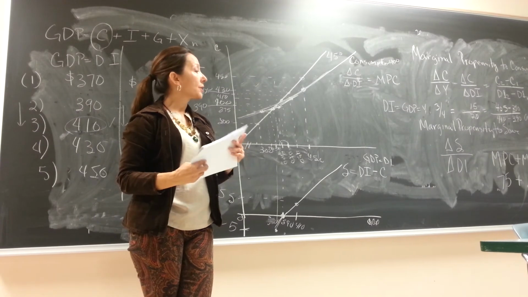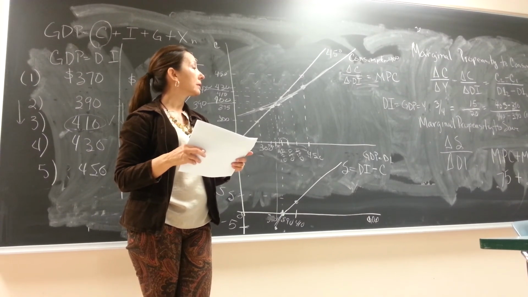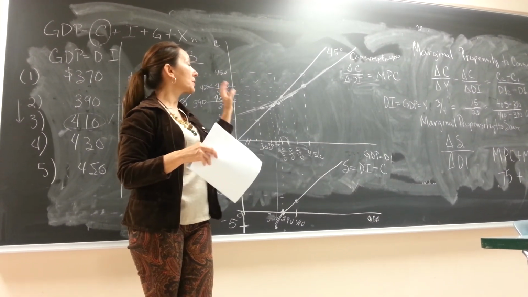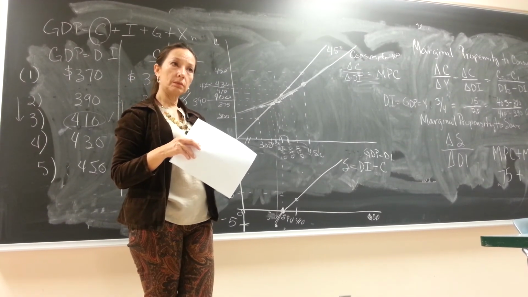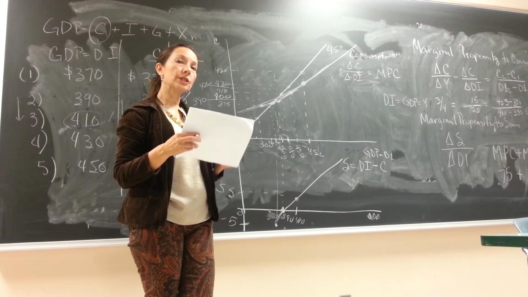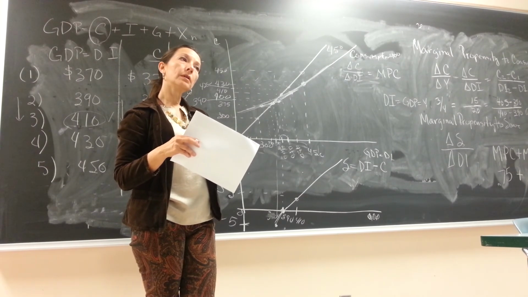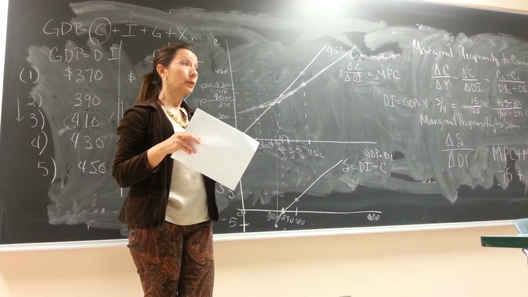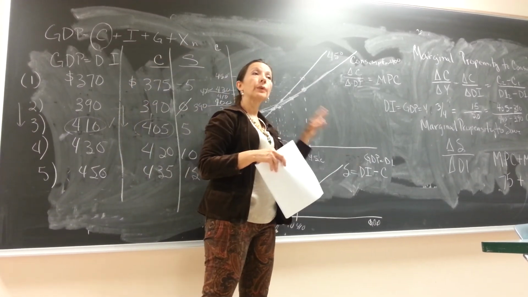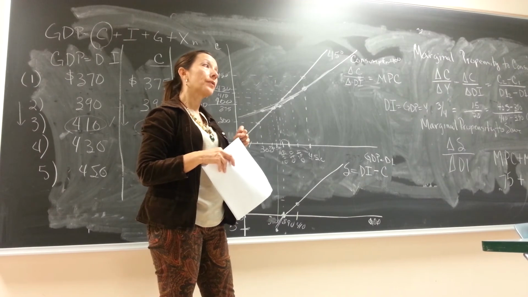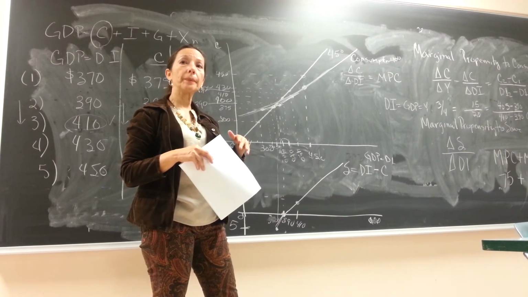So if changes in disposable income result in changes in consumption, what would the change in wealth do? Would it cause a movement or a shift of the curve? It would cause a shift because we're not mapping it here, right? The only way we can capture a change in wealth is by shifting the curve.